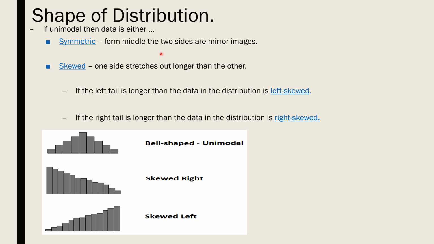We also need to pay attention to the shape of the distribution. If the distribution is unimodal, then the data is either symmetric or skewed. This is an example of a bell-shaped unimodal. This is an example of skewed right. This is an example of skewed left.